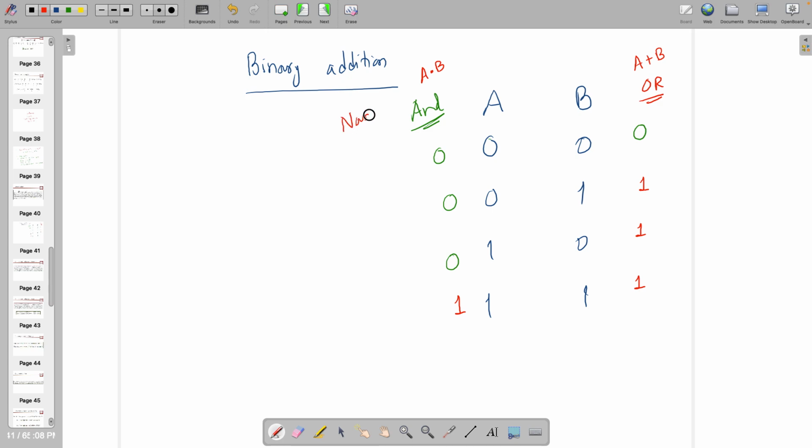So NAND is just the opposite of this one. By the way, let's do the addition. We are doing the addition. So 0 plus 0 is 0, 0 plus 1 is 1, 1 plus 0 is 1, 1 plus 1 is 0 with carry 1.